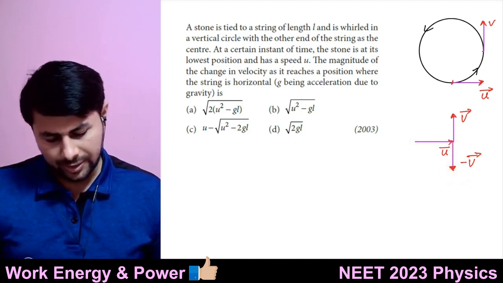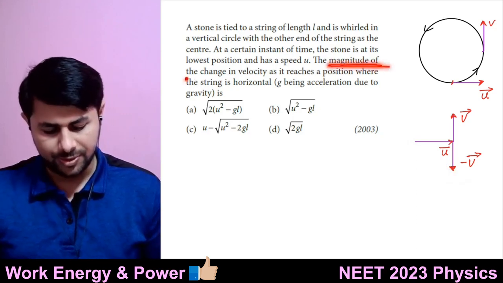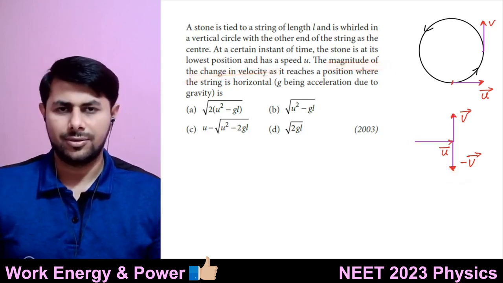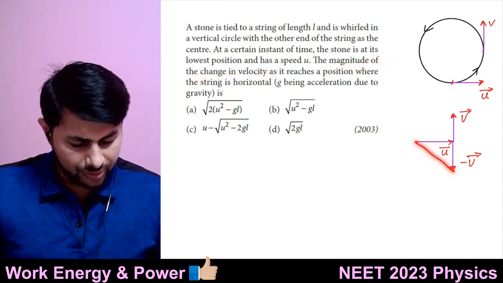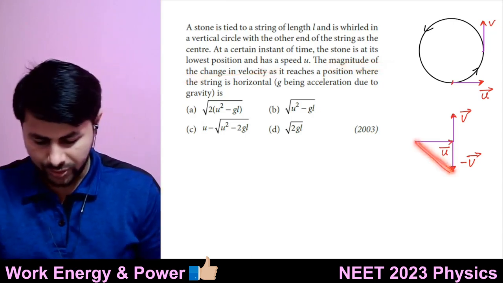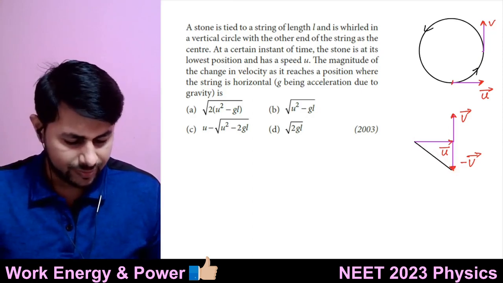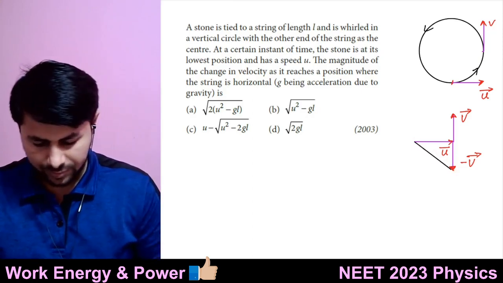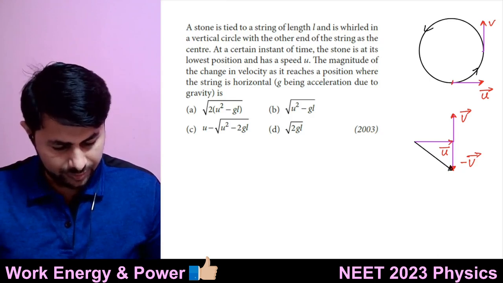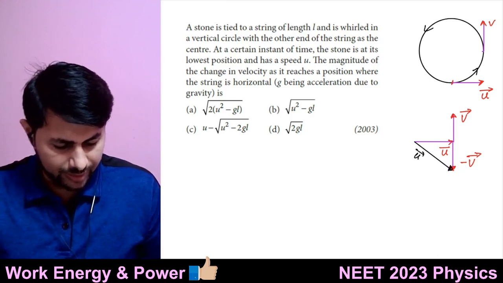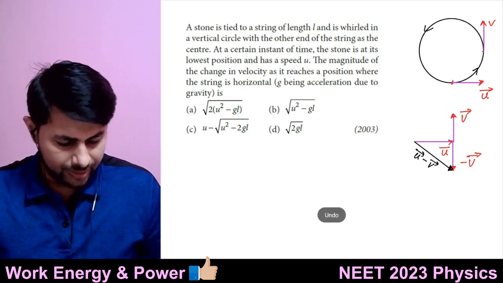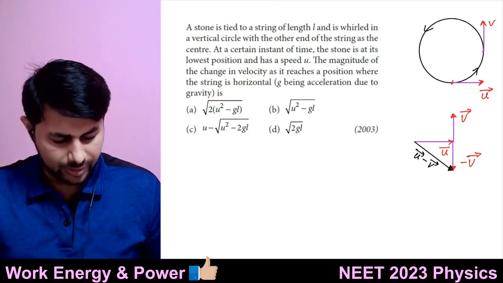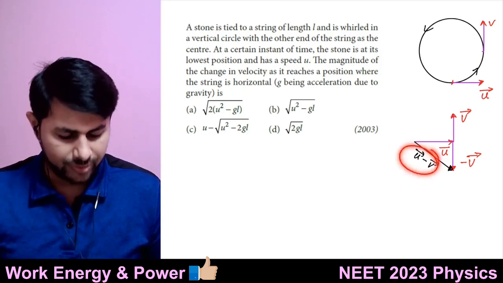And they are asking what is the magnitude of change in velocity. Okay, so you can find change in velocity and you want magnitude of that. So you want magnitude of this vector. So this is u bar minus v bar, but you want magnitude of this.